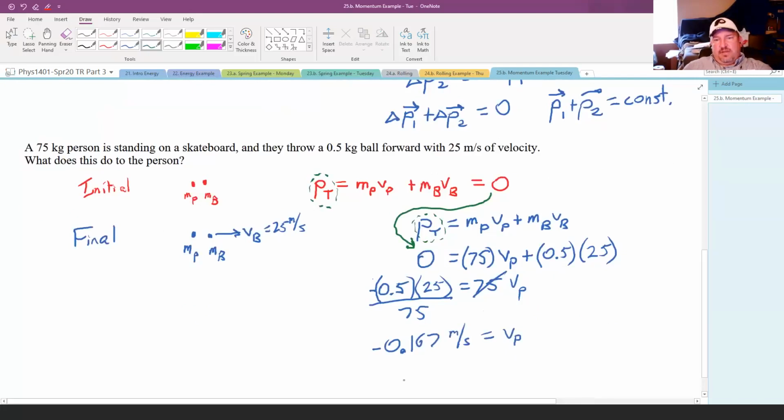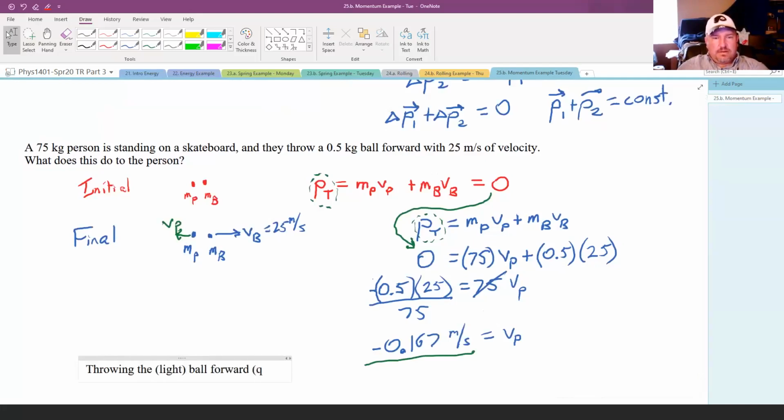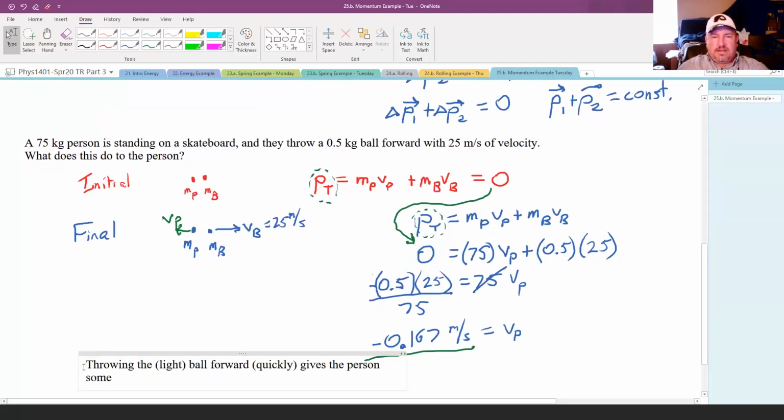So I can take this result and put it in the diagram here as the person goes backwards. So throwing that light ball forward quickly gives the heavy, as compared to the ball, I'm not being judgmental, person some backward velocity.